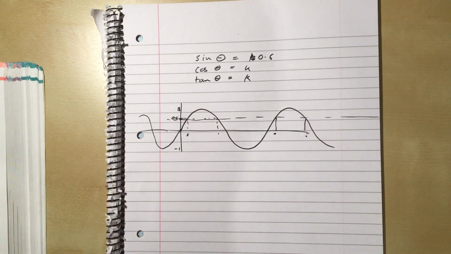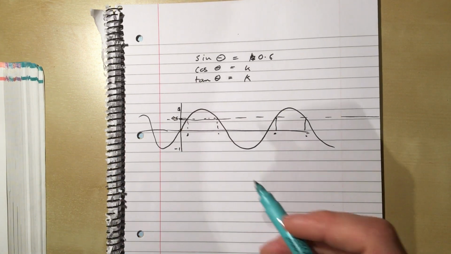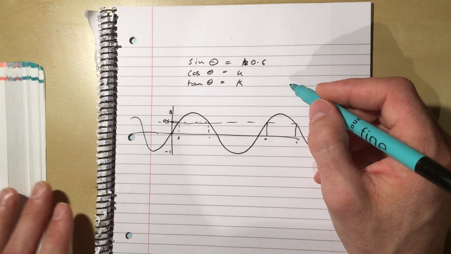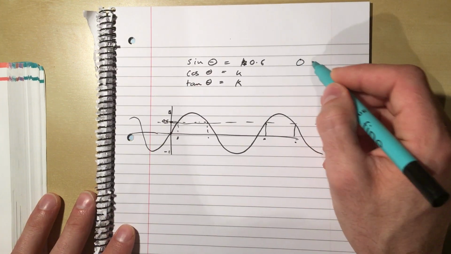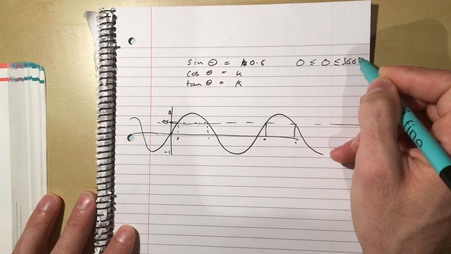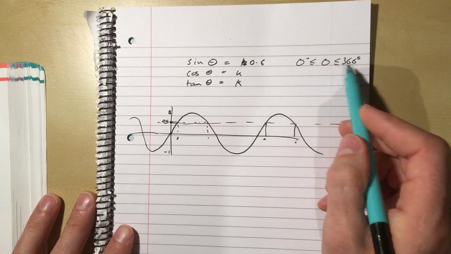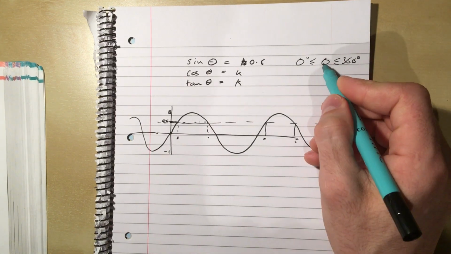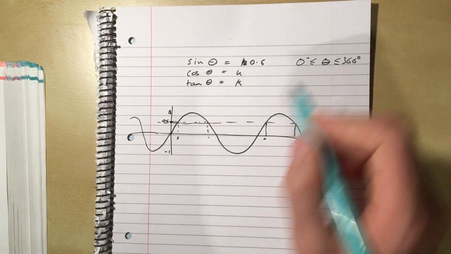So in order to deal with this, either we say there are infinitely many solutions, and then we work out a way of writing those down, or we take the other option, which is the option we're going to take at A-level. We're going to put an interval there as well, which is often theta between 0 and 360 degrees.